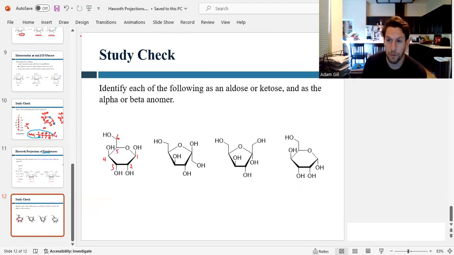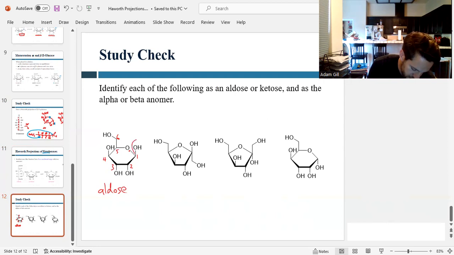And so it looks like carbon 1 is at the anomeric position, and it's a 6-membered ring. So this is definitely going to be an aldose. And we can see that the OH is pointed up. So that means that this is going to be a beta form.